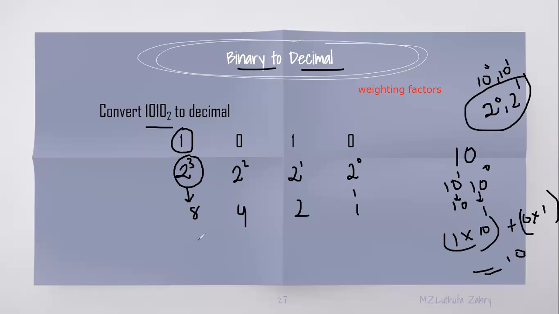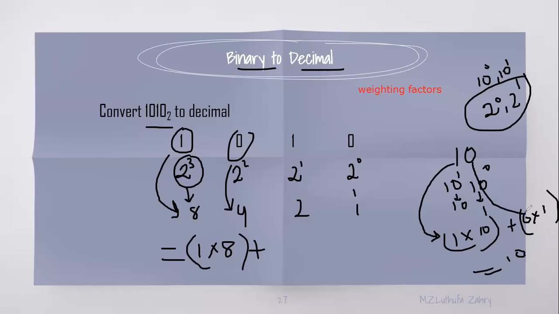So now what you have to do is multiply this 1 with 8, plus this 0 with 4, same like we did 1 with 10 and 0 with 1. So 0 into 4, and then plus 1 into 2 and also plus 0 into 1.